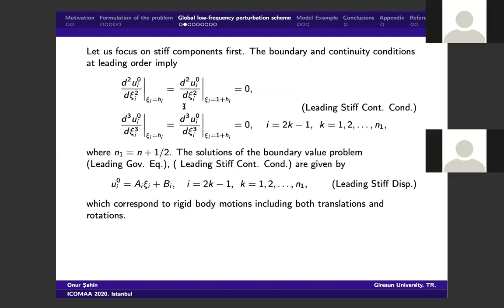Thus, we have a boundary value problem given by the governing equation and leading stiff continuity conditions. The solution of this boundary value problem is given by this linear function, which corresponds to rigid body motions, including both translations and rotations.